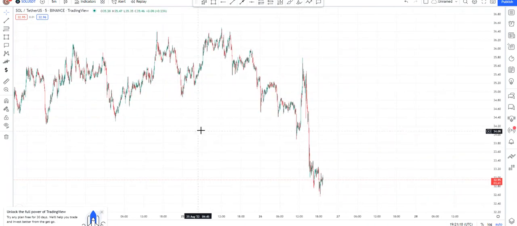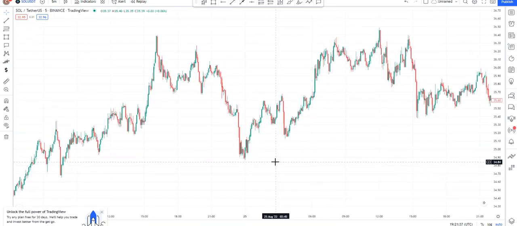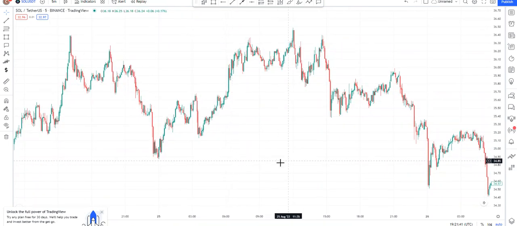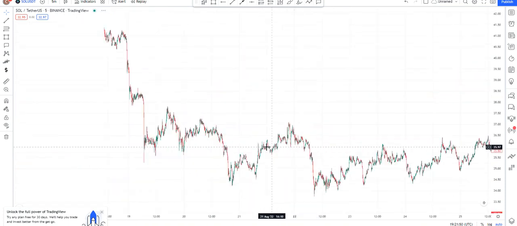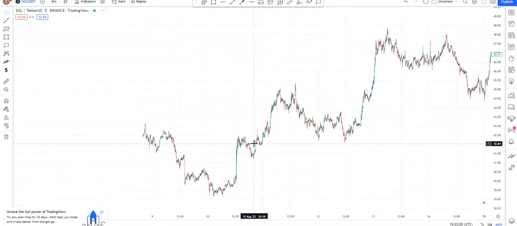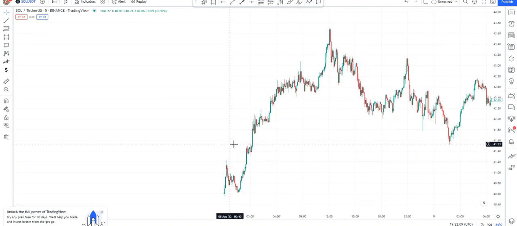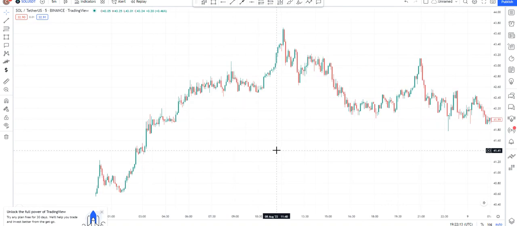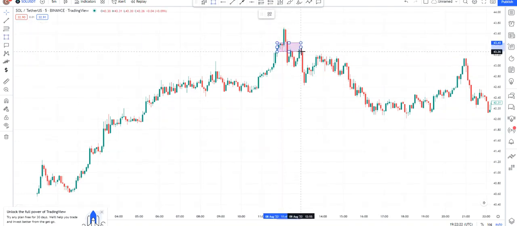So this is a breaker block, but it's on a lower time frame, so I won't really use it.